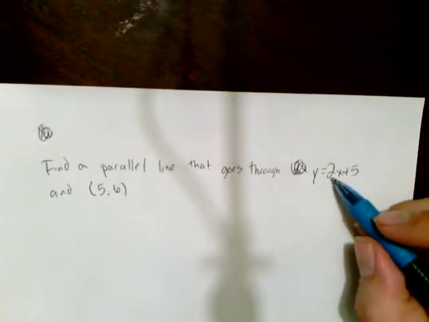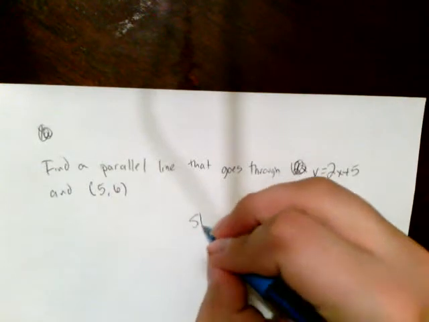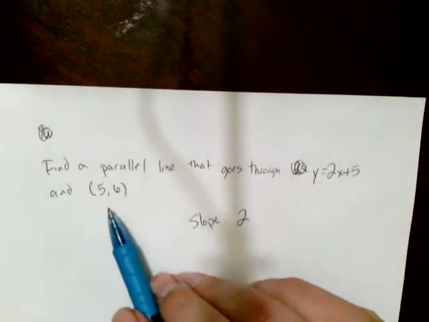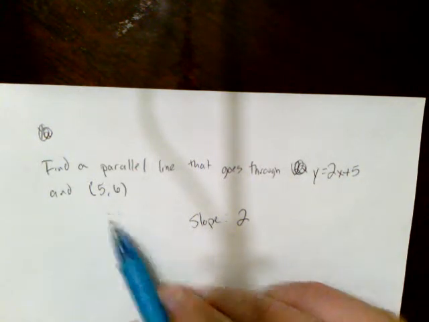The easiest way to solve this is first know what a parallel line is. The parallel slope is a 2. Alright, so 2 is your parallel slope, so your slope would be 2. Then you have (5, 6) as your point that we want to go through.